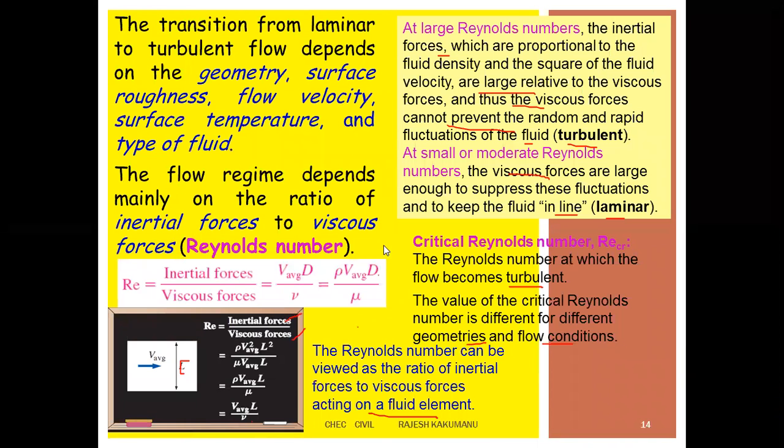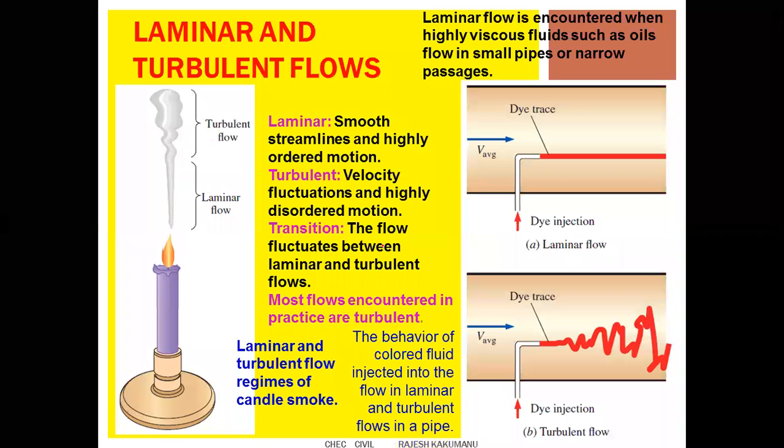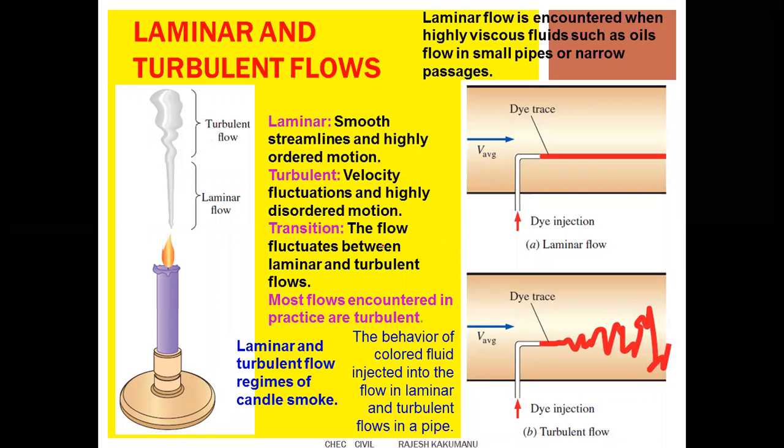Okay. Now if you see in the gaseous form, how the laminar and turbulent flow acts. The other example in the gaseous form, see this. This is an experiment done on gas, showing how the laminar and turbulent flow occurs in a gaseous state.